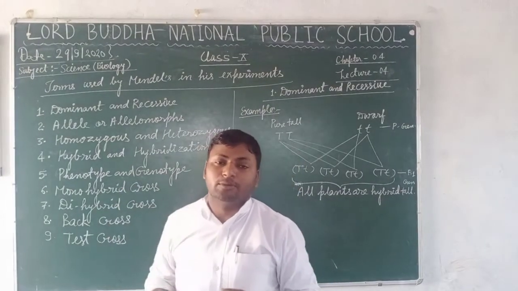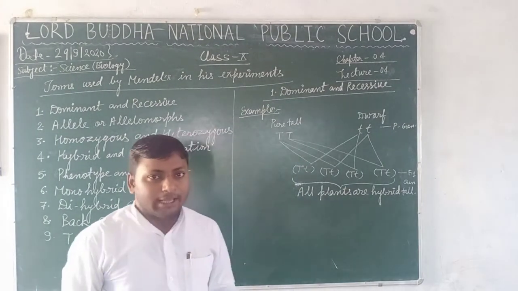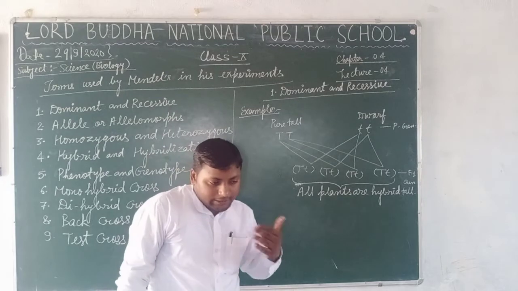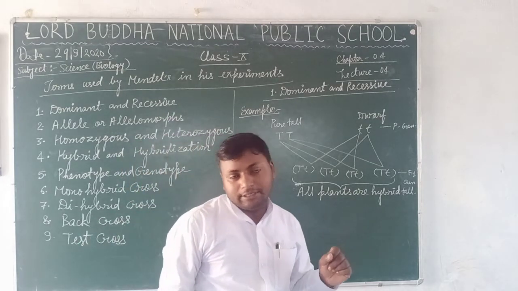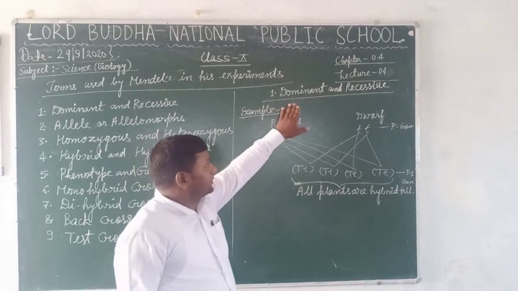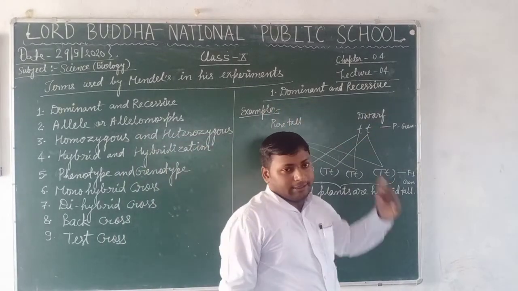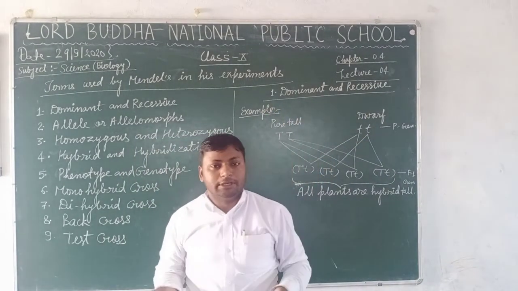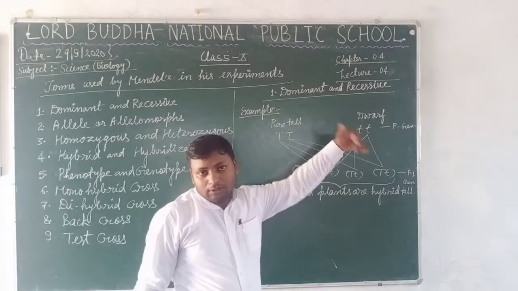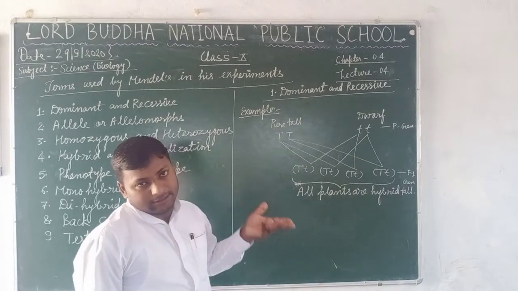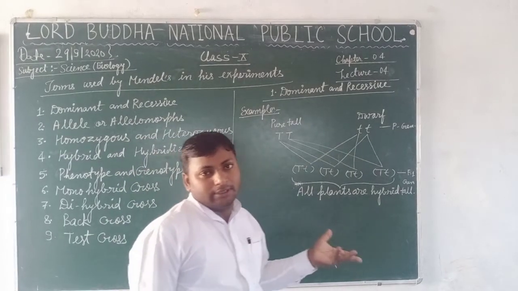Dominant traits suppress or overlap the recessive ones from the contrasting pair of alleles. The traits that genotypically and phenotypically come in appearance are called dominant, and the opposite of dominance is called recessive.